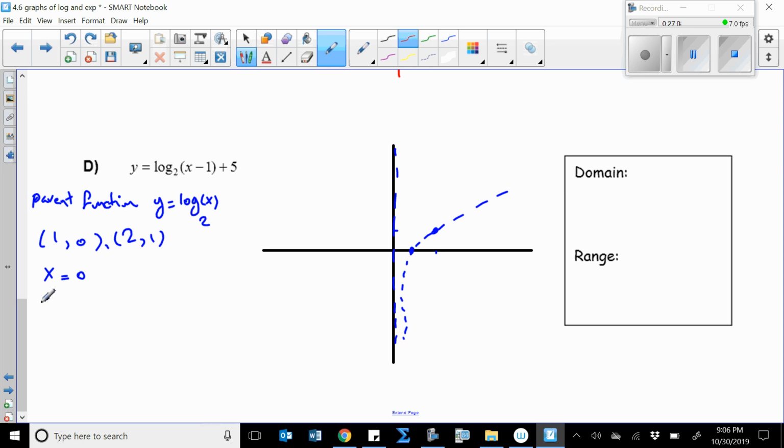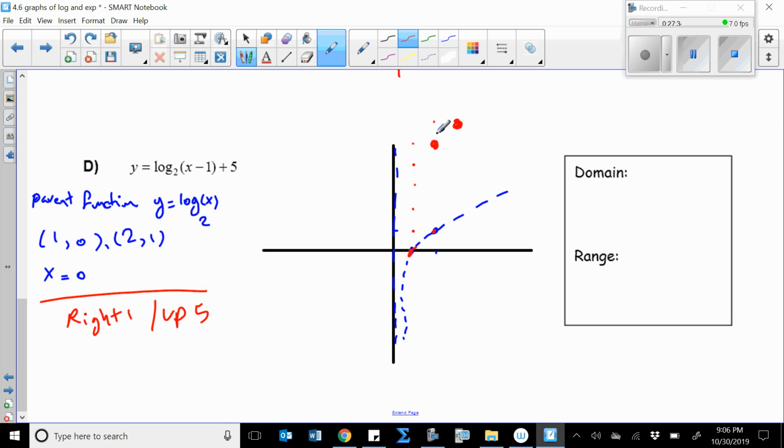Now, what transformations do we see here? X minus 1 means right 1, and plus 5 means up 5. So any point here will be moved up 5 and right 1. So 1, 2, 3, 4, 5 and right 1. This one 1, 2, 3, 4, 5 and right 1.